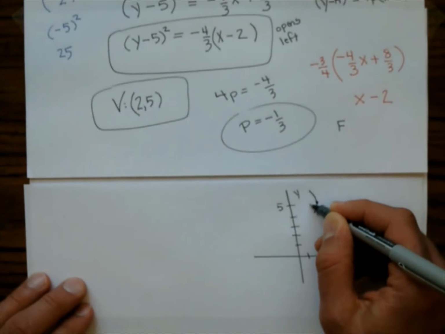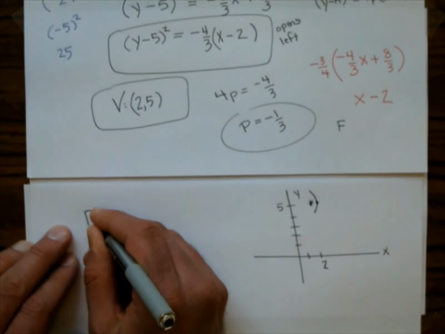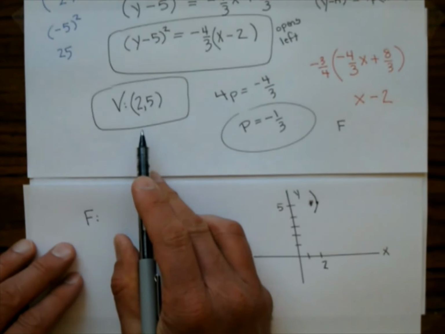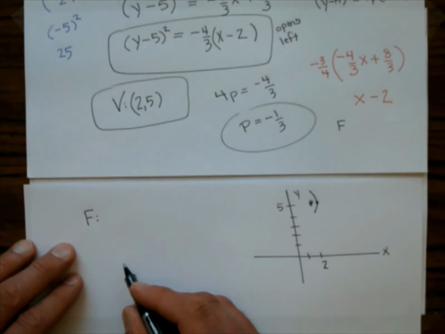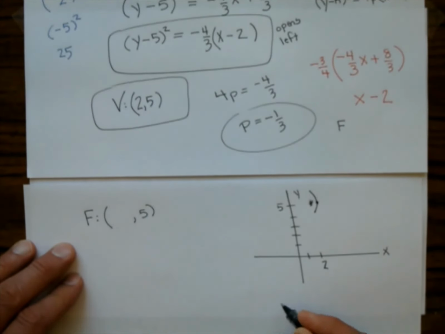And the focus is going to be right here. I'll find the focus by going, so let's see, the focus is going to have the same y value as the vertex. And to get the x value, I'm going to go 2 minus 1/3, which is 1 2/3, or you could say 5/3.